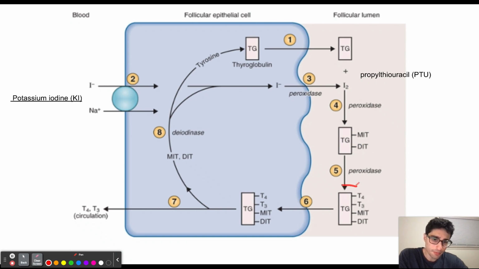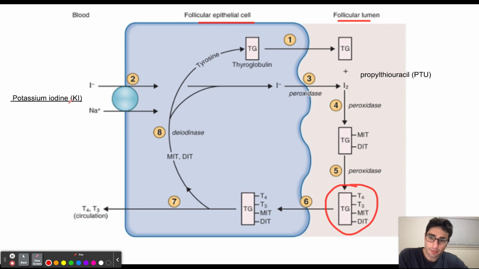Now that we have formed this iodinated thyroglobulin, we need to transport this from the lumen into the epithelial cell. And in order to do this step, we need some sort of stimulation coming from the anterior pituitary in the form of TSH. So the anterior pituitary is going to release TSH when the body needs thyroid hormones.